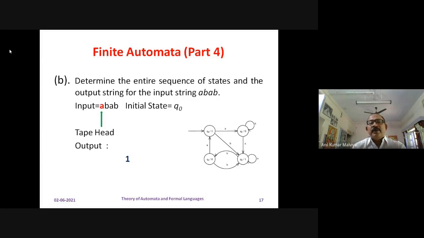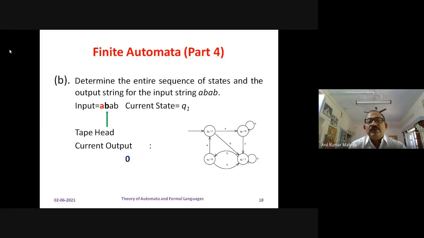Now, the machine is in state Q0 and the input is A. It goes to state Q1. Is it clear? Now the instruction given in state Q1 is print 0. Okay, so the current output is 0.